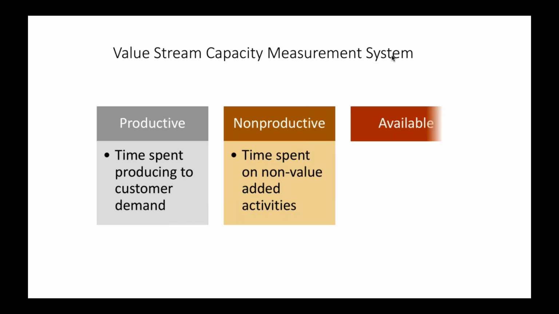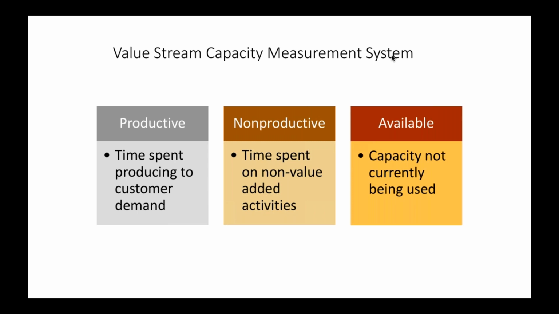And the third component is the available capacity, which is currently not being used. Typically, this information comes from value stream maps. And really what we're doing here is we're quantifying time in terms of how the time of our resources is being used.